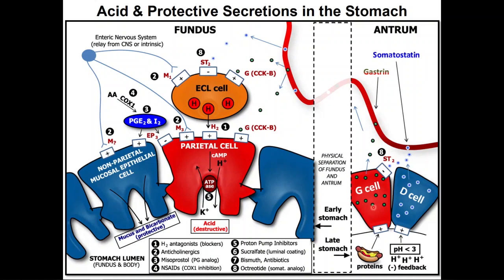The G cell is what secretes gastrin, and to make it easier to understand and recognize, gastrin is kind of like the green toxic little bubbles.